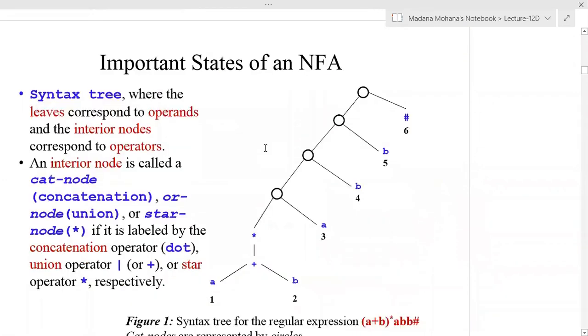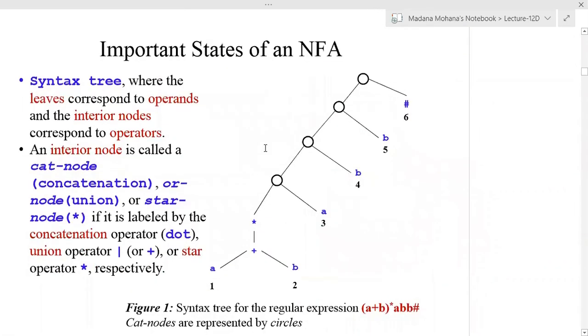So now let us take one example. Here we will construct a syntax tree for a given regular expression. From that we will construct the automaton, and then the states are also represented. In this syntax tree, you can see the syntax tree for the augmented regular expression, (a plus b) whole closure a b b concatenated with hash.